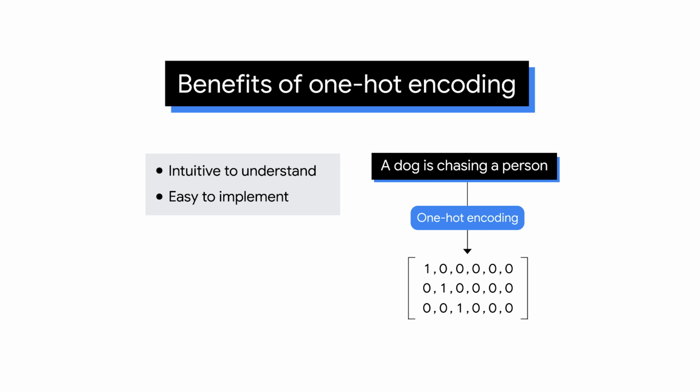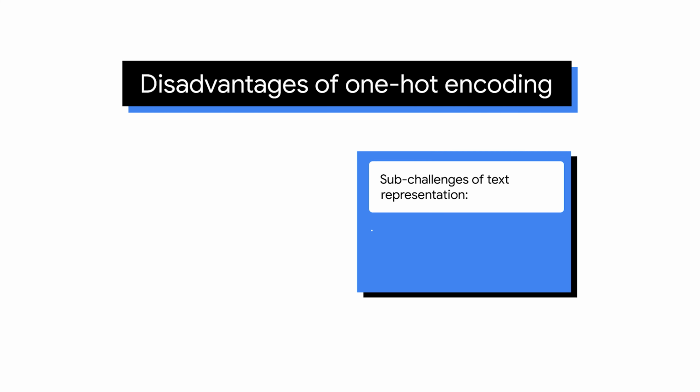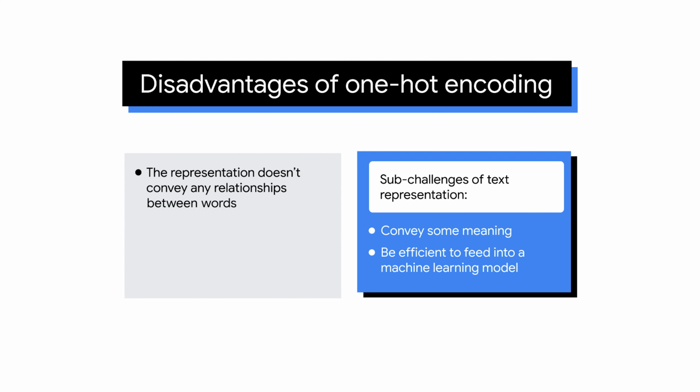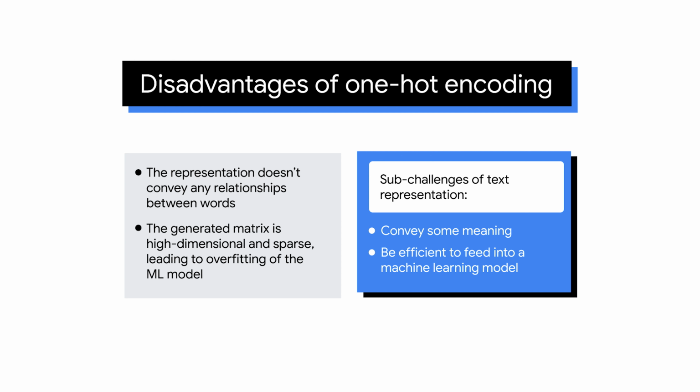However, let's also acknowledge the disadvantages. Recall the two sub-challenges of text representation. One-hot encoding has two main issues among others. First of all, this representation does not convey any relationships between words. Second, the generated matrix is high-dimensional and sparse, which leads to overfitting of the machine learning model. What does it mean?